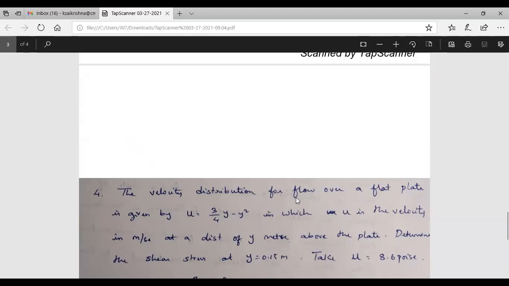Okay, so the velocity distribution for flow over a flat plate is given by u equal to 3 by 4 y minus y square, in which u is the velocity in meters per second at a distance of y meters. So y denotes distance from the plate above the surface.